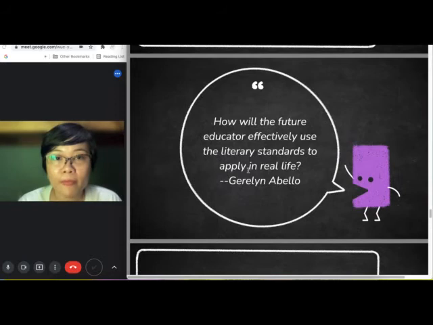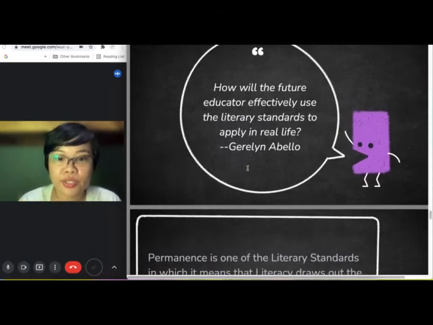The bestsellers, for example, the highly recommended books. And if you've read them as a future educator, especially if you're an English teacher, a literature teacher, you would be able to make the right choices as to what literary texts to teach your students. You can guide your students very well because you yourselves have the knowledge and the experience of reading these literary pieces that have reached the standards.